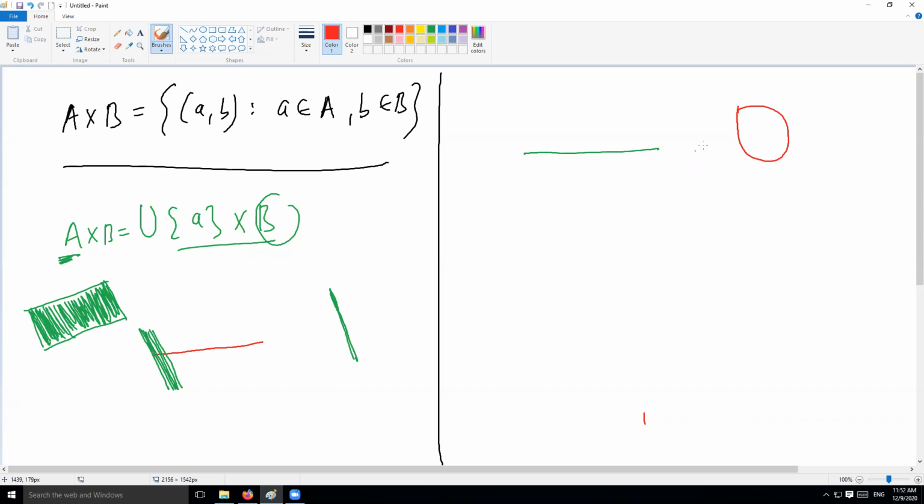So for example, here I can say that this green rectangle is really the cross product of the red line crossed with the green line. I want to ask you what would be the meaning of the cross product of a line with a circle. Can you guess?